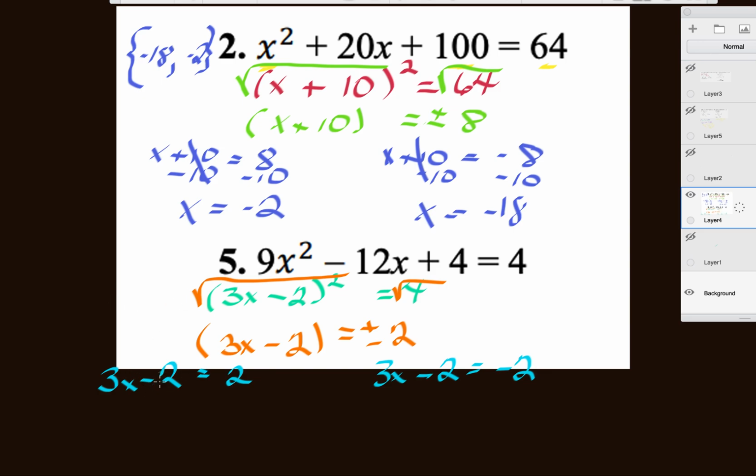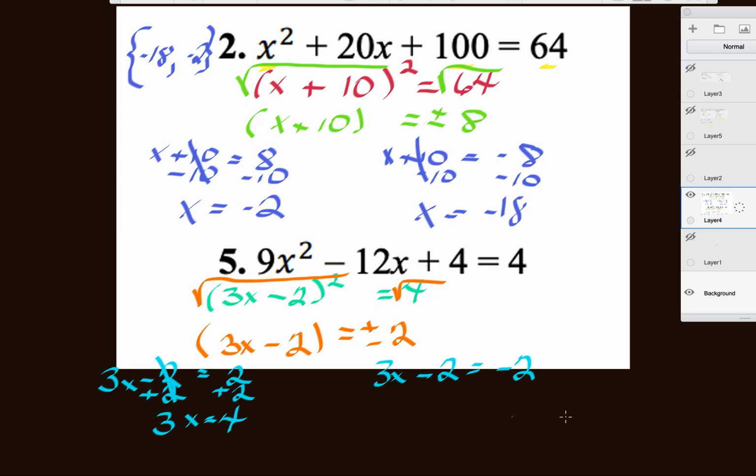So we'll start over here. Both of these equations, we add 2 to both sides. Right? And that goes away, and we have 3x equals 4.